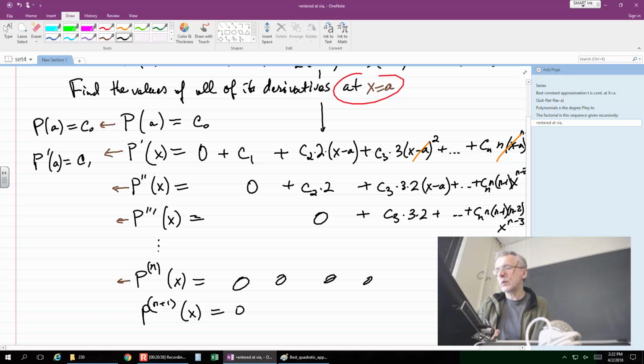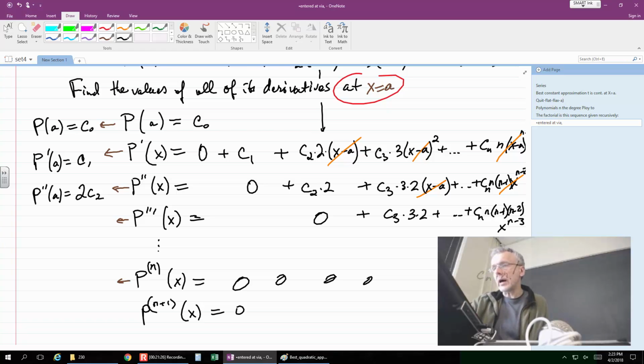Now similarly, x minus a is gone, wherever it is present. So I'm getting P double prime of a is equal to 2C2. So not the same. It is not just the coefficient, but coefficient with an extra multiple.